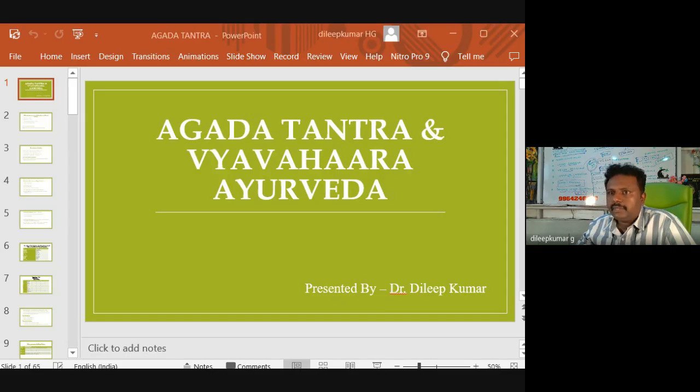Ghee with honey is an example of: Guna viruddha, Samskara viruddha, Samyoga viruddha, or Matra viruddha?